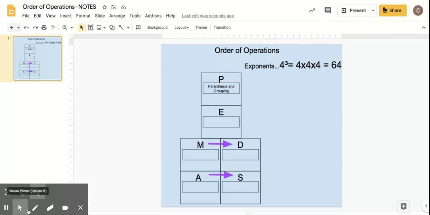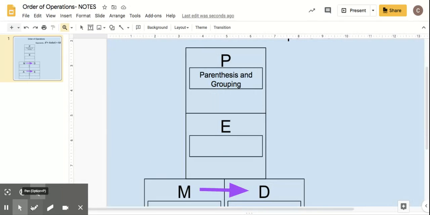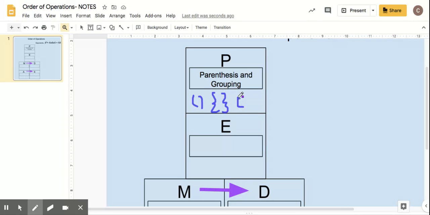And some examples of what that may look like could be our regular old parentheses. Sometimes we see the little brackets. And sometimes they just look like boxed brackets. Yes, you need to draw those.